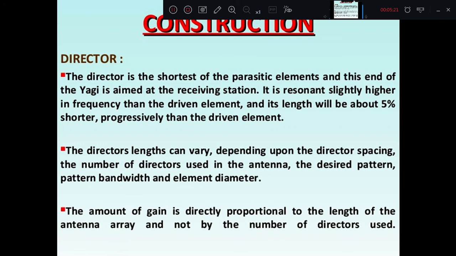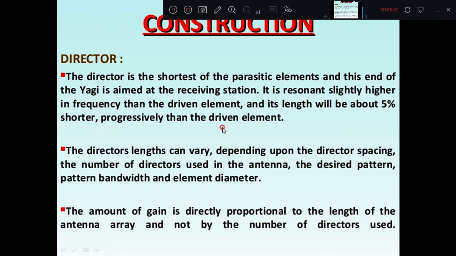So the director is the shortest of the parasitic elements, and this end of the Yagi is aimed at the receiving station. Its resonance is slightly higher in frequency than the driven element, and its length will be about 5% shorter progressively than the driven element.